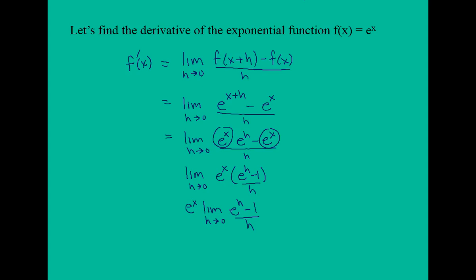Now, what we need to know is that the definition of the letter e as a limit can be written as the limit, as h goes to 0, of 1 plus h raised to the 1 over h power. If you looked at that limit on your calculator, just replace the h's with x, 1 plus x raised to the 1 over x, and look at what happens as x goes to 0, you would see you're approaching 2.71, which is the value of e.